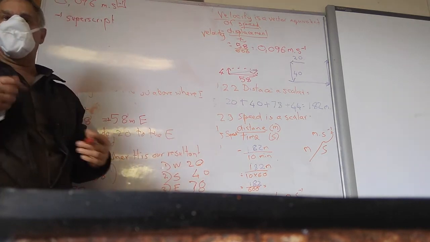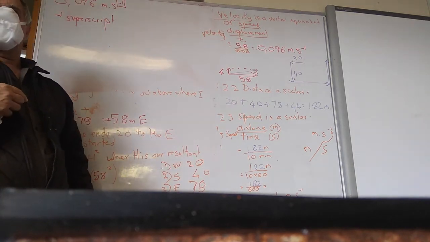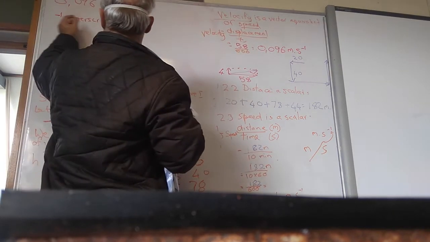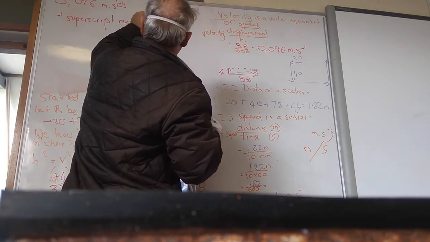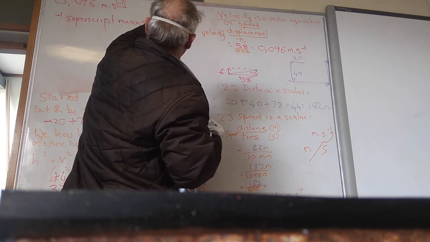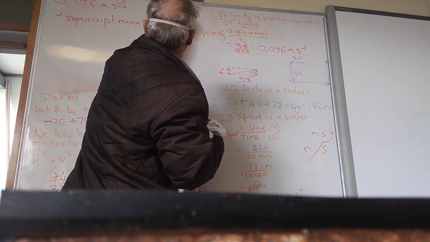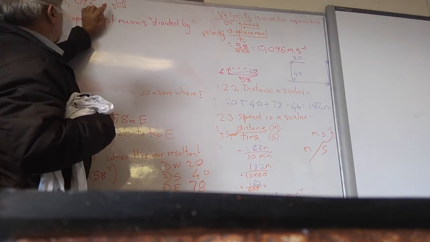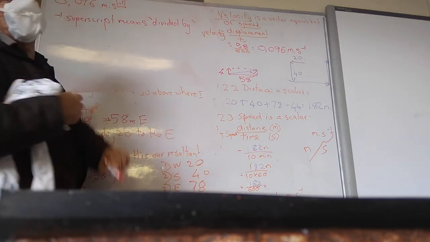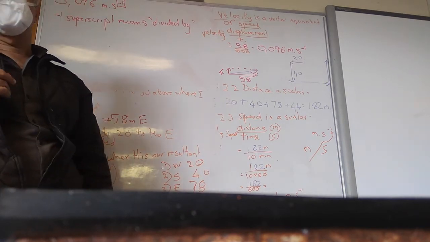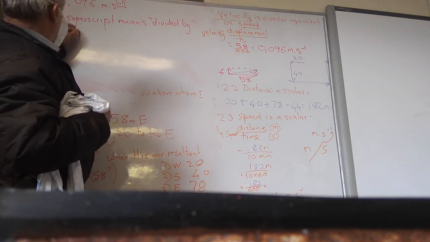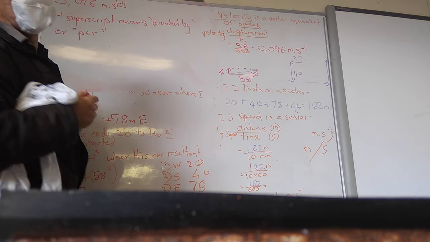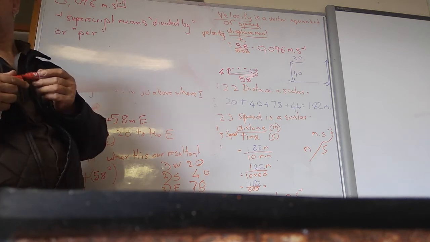It's a small number above. Means divided by. So it just simply means our meters are divided by our seconds. Meters per second, or per. Okay, so it's obvious. Let's leave nothing unexplained.